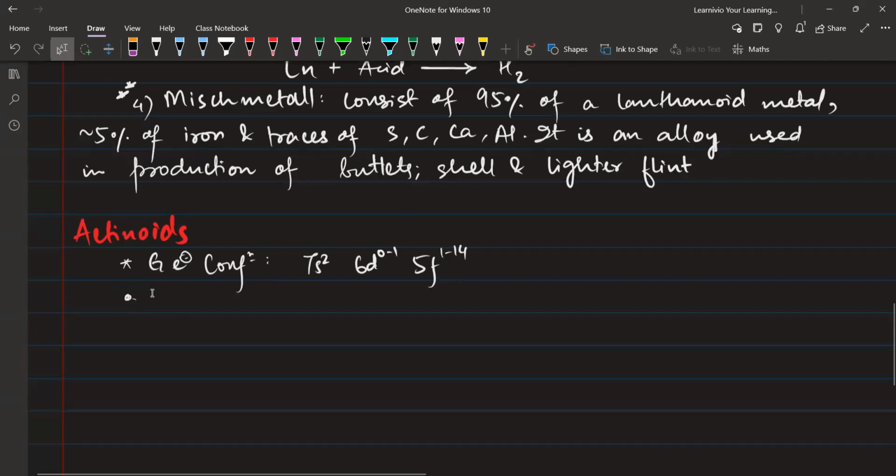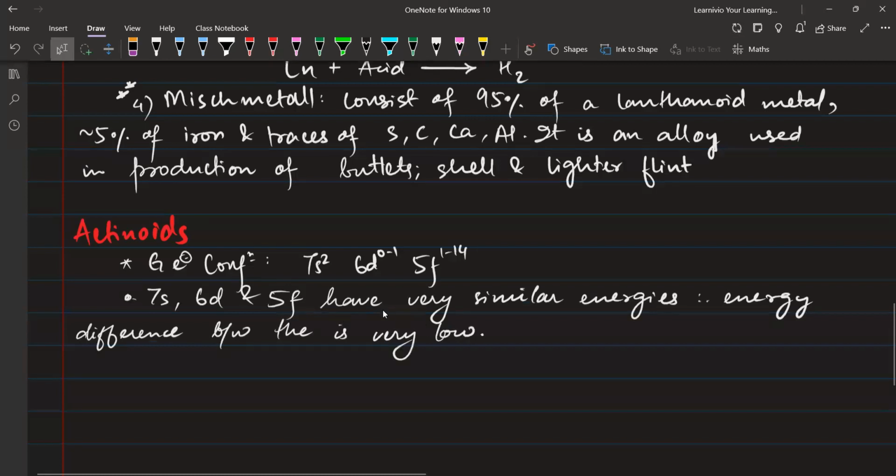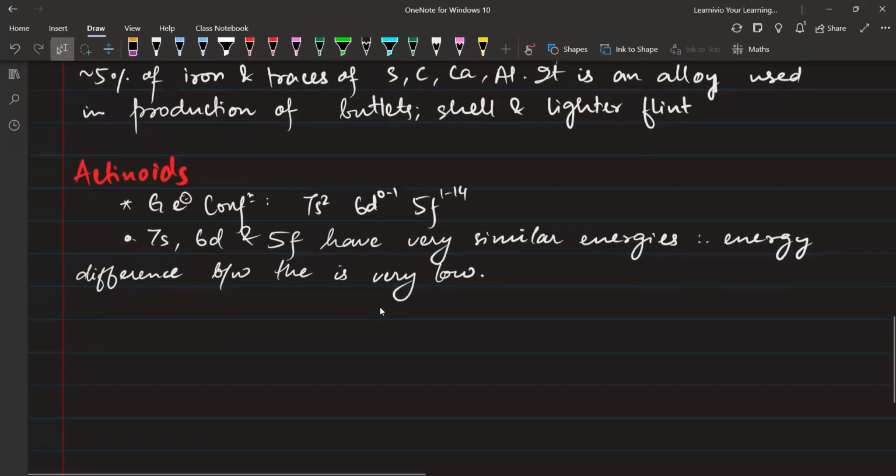Important point regarding this is that 7s, 6d, and 5f have very similar energies. ठीक है? And the energy difference between them is very low. उससे क्या होता है ना, that you will get a lot of exceptions of the Aufbau principle in the actinides.